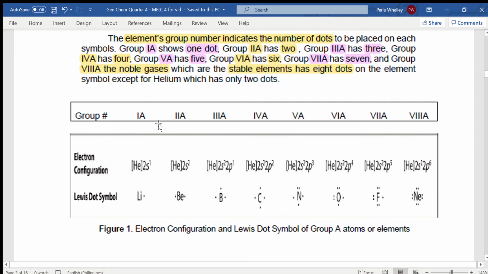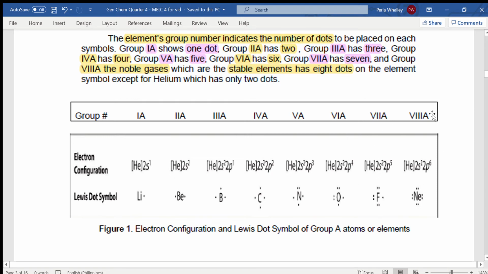For group 1A, 1 dot. For 2A, 2 dots. For 3A, 3 dots. For 4A, 4 dots. For 5A, 5 dots. For 6A, 6 dots. 7A, 7 dots.